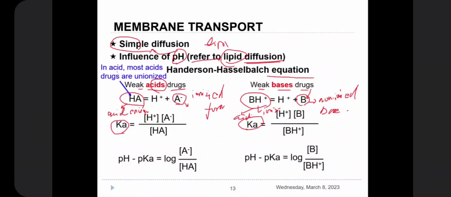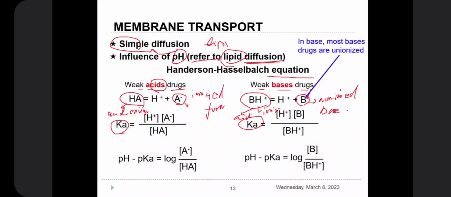In acid, most acid drugs are unionized, and in base, most acid drugs are ionized. In acid, most base drugs are ionized, and in base, most basic drugs are unionized.